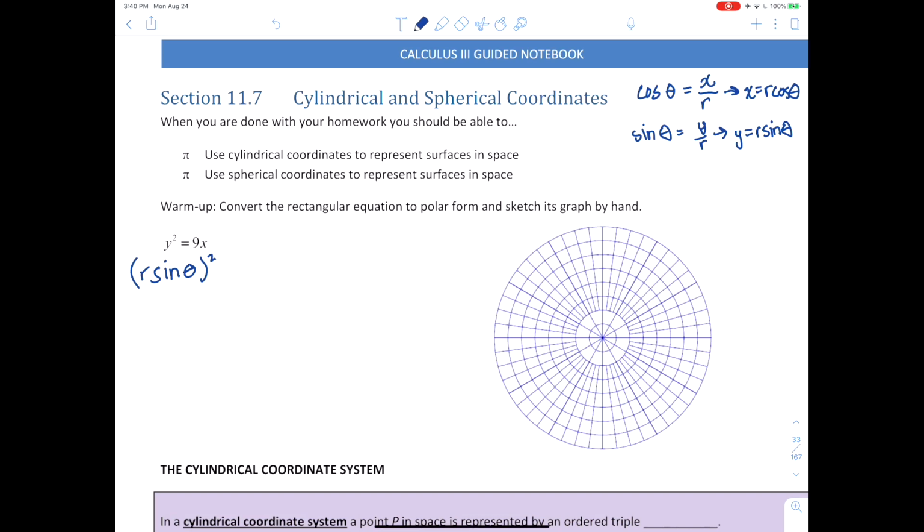And another thing to remember is that r squared is x squared plus y squared, and it doesn't even need to be a unit circle for that. And then that's going to equal 9 times x. So x we said was r cosine theta.